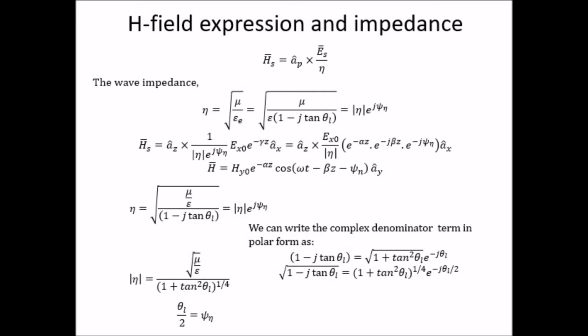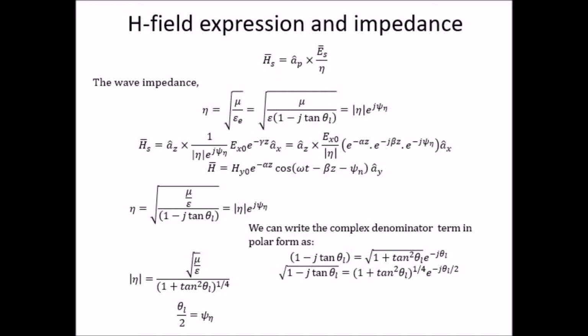Now we need to find the amplitude and the phase angle. As you know, the wave impedance has a constant term, mu over epsilon, and the denominator has the 1 minus j tan theta_L term. Here 1 minus j tan theta_L is in rectangular form.